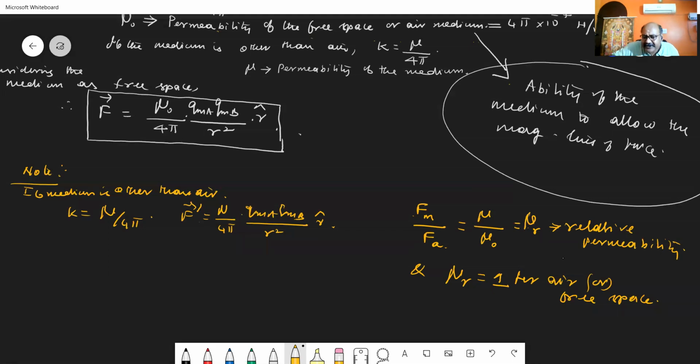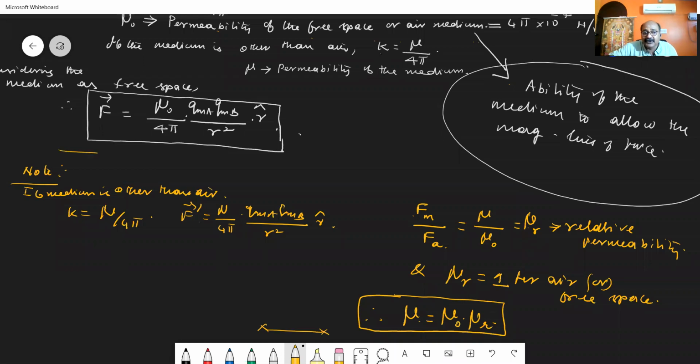So from this equation I can write, therefore, the permeability of the medium is equal to mu0 into mu r. What does that mean? The permeability of the medium is equal to the product of the permeability of free space and the relative permeability of the medium. So like permittivity, you can study permeability also.